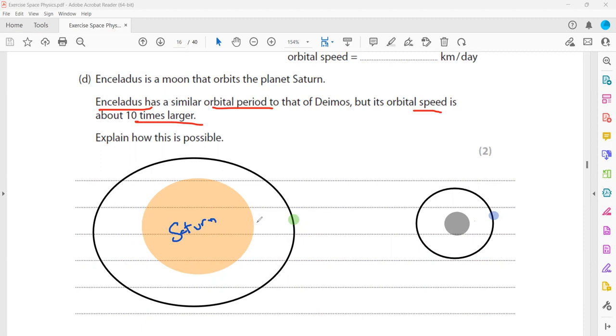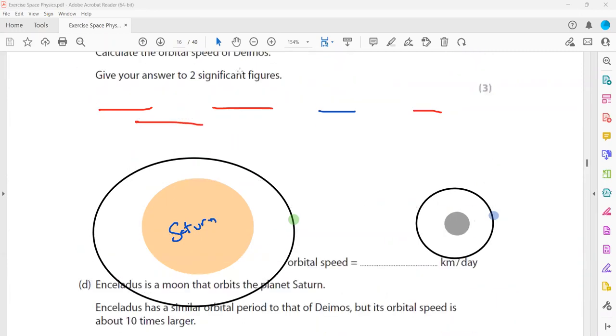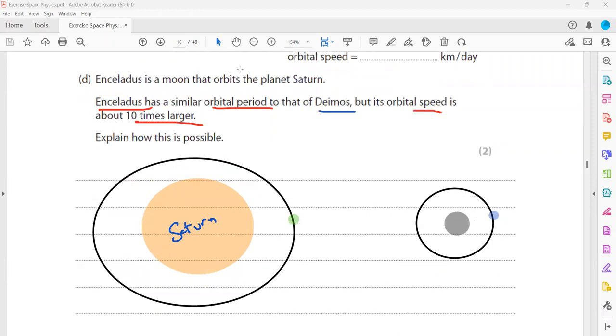Deimos is a moon of Mars, and Enceladus is a moon of Saturn. As I mentioned, this is a continuation of the question, so they already mentioned that Deimos is a moon that orbits the planet Mars. So one moon is orbiting Saturn, another one is orbiting Mars. And they say both are taking the same time to orbit.